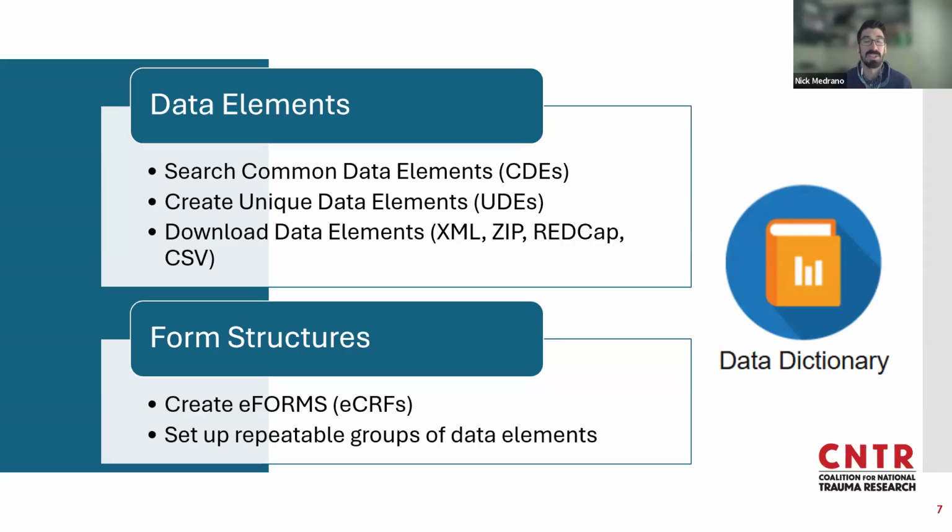That's again something you would work with me on, to identify what common data elements already exist that you could adopt, and what unique data elements we would need to create. You have the ability to search for those as well as download them. So if you wanted to, let's say, import them directly into REDCap, you could do that.